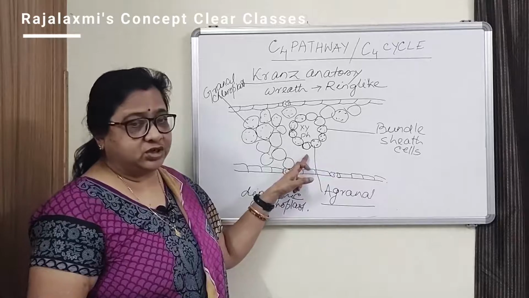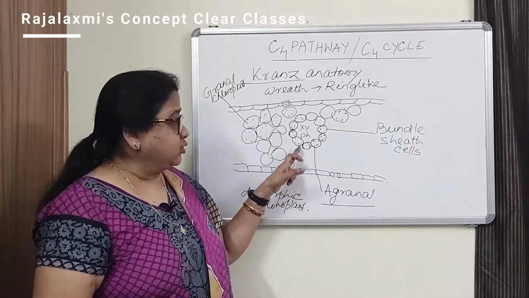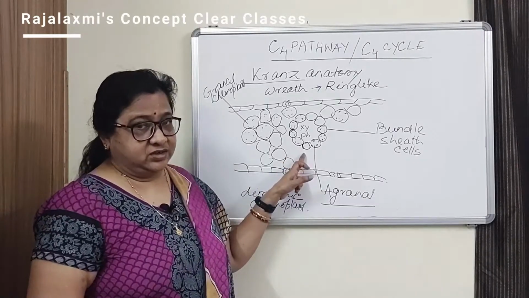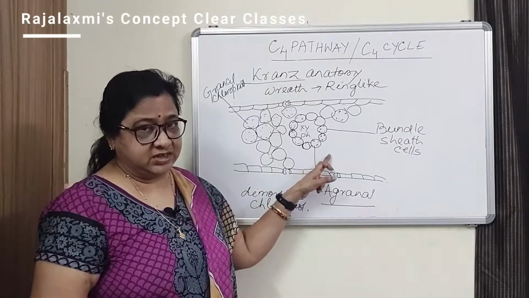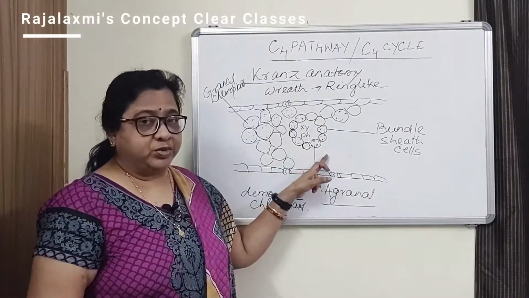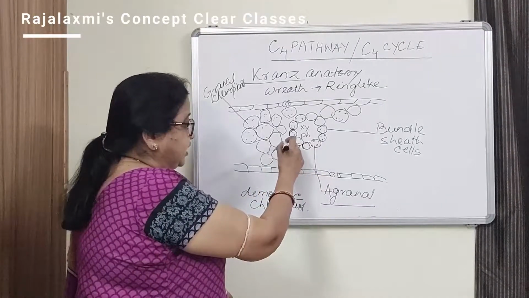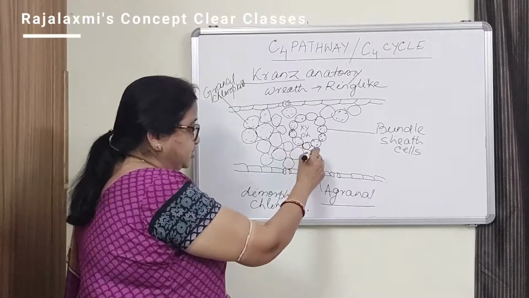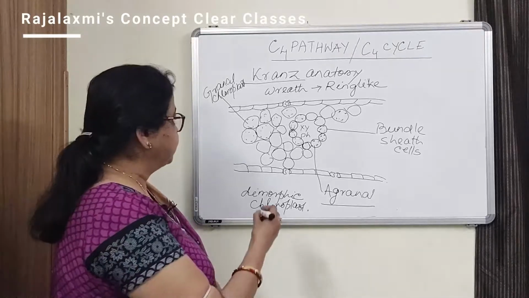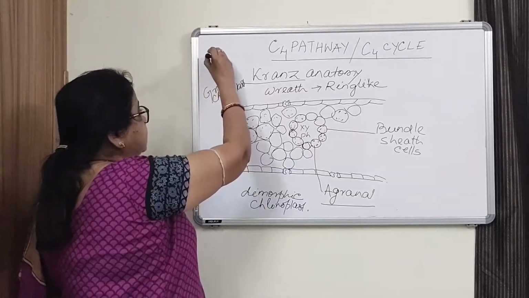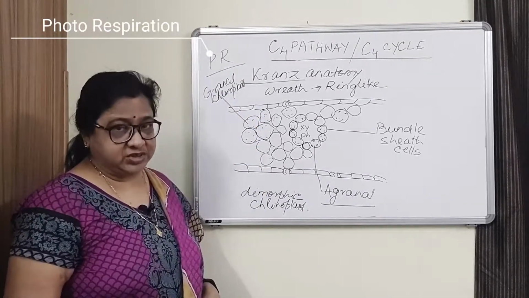As grana are absent, there will be no light reaction or non-cyclic photophosphorylation in the bundle sheath cells, and there is no production of oxygen. So all these adaptations are to minimize photorespiration, which is a wasteful process.